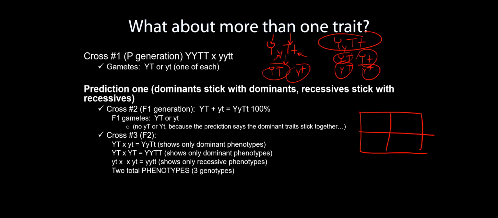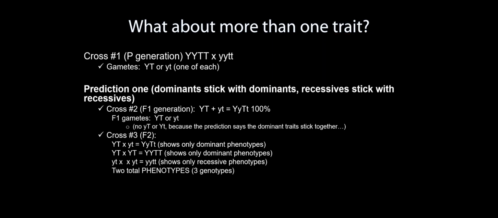The two possibilities are, let me redo all this, one possibility is you would see this kind of Punnett square. The other possibility would be, hold on, I'm not done. Let me add on to this. So we would see either this.